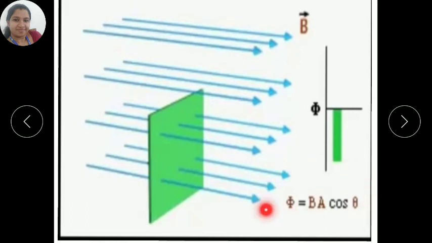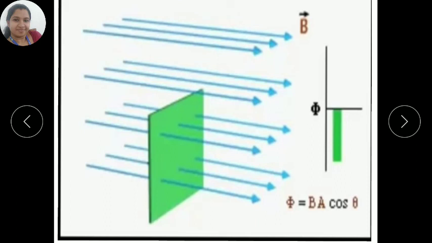So the value of flux depends on two factors. First one is the area of the loop and second one is the angle between the magnetic field and the area vector. If the area vector is along the direction of magnetic field lines, theta value is 0, phi is maximum. If the surface is held parallel to the magnetic field lines, then the area vector is perpendicular to the magnetic field lines.